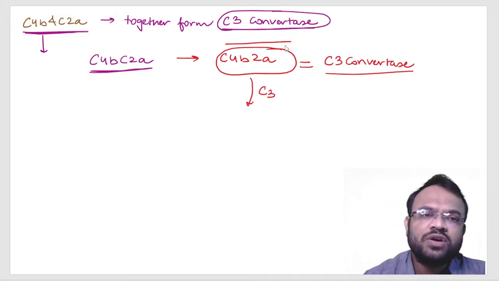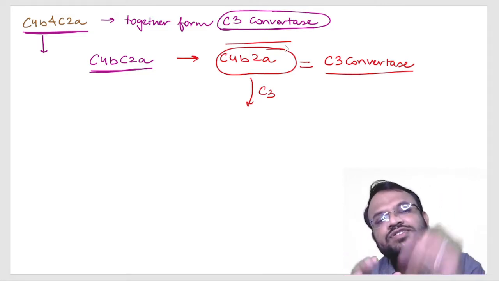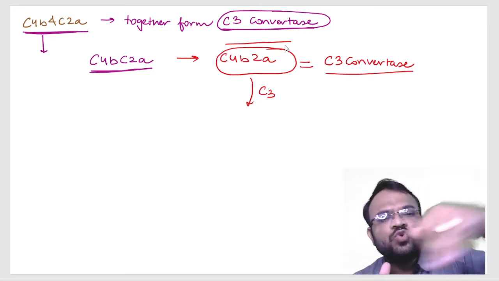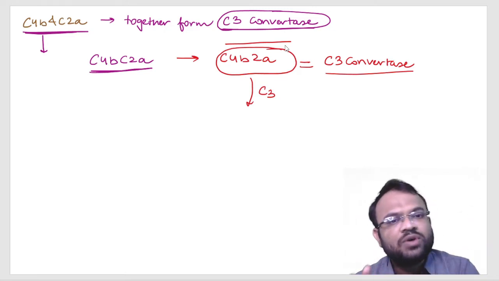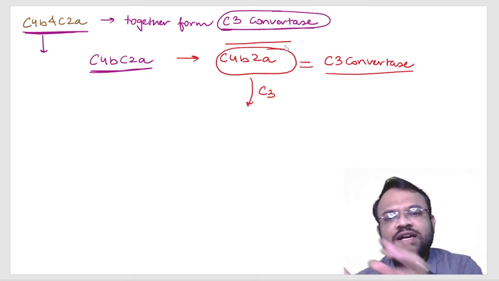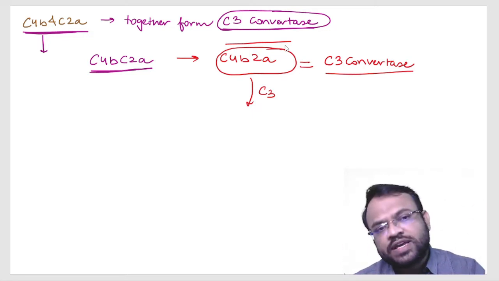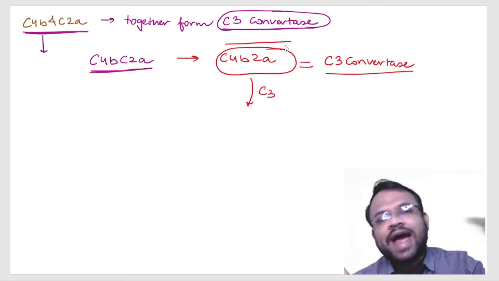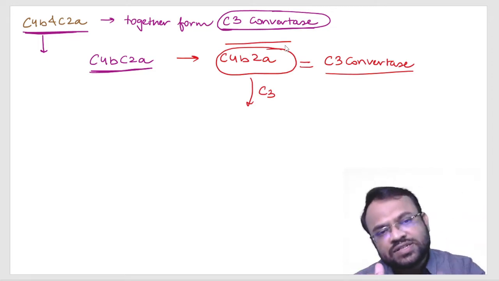Why is it called C3 convertase? Because it would be converting C3 into its two parts, C3A and C3B. We would learn about that in the coming slides. But for now you need to understand that C4B2A functions as C3 convertase, acting on C3 in order to break it into C3A and C3B.